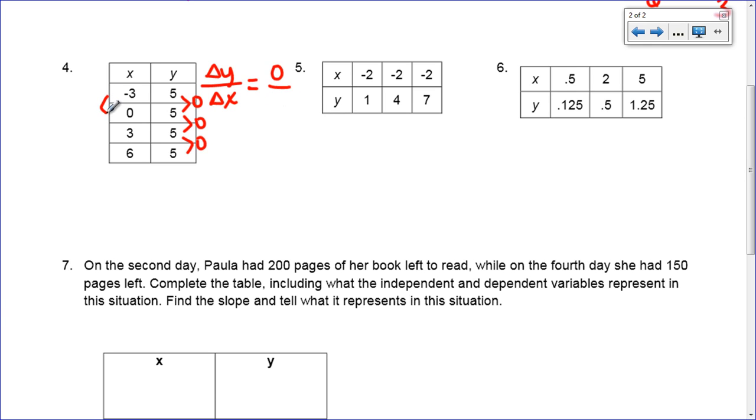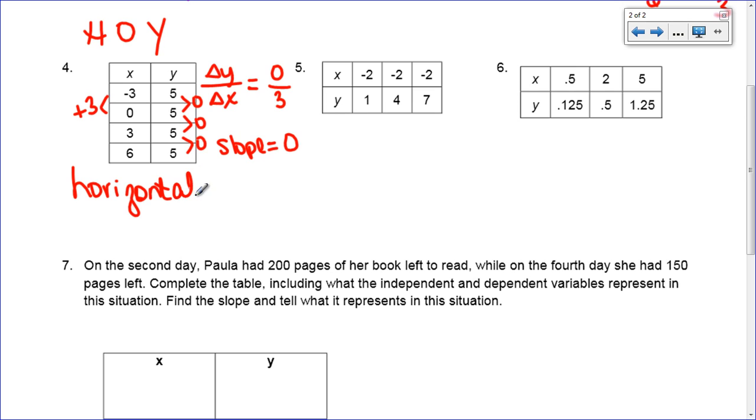My change in my x values from here to here is going to be +3, which gives me a slope that equals 0. And if you'll remember, horizontal lines have 0 slope, and their equation is always y equals. The reason it's always y equals is because, look, y equals the same thing, no matter what. So this is going to be a horizontal line because it has a 0 slope, and the y values are all the same.